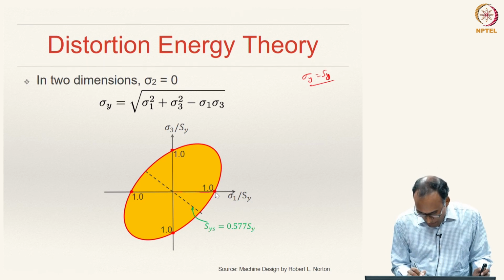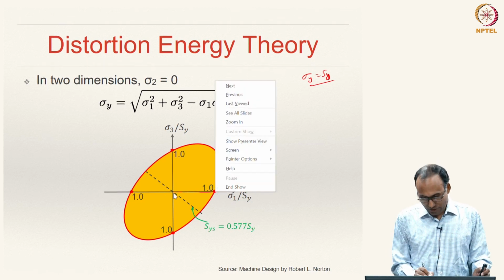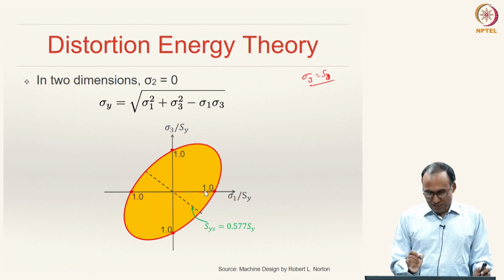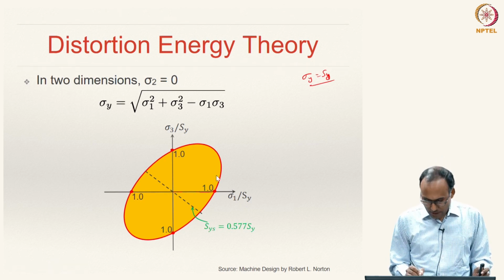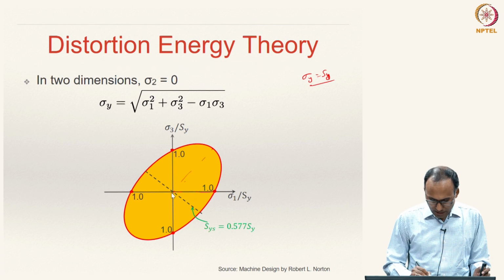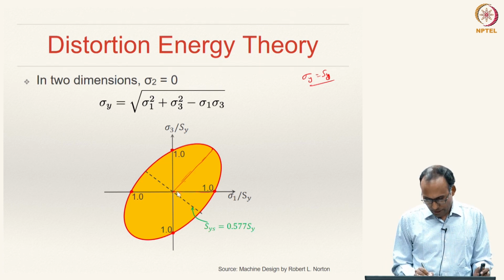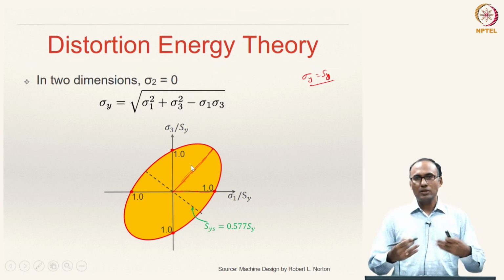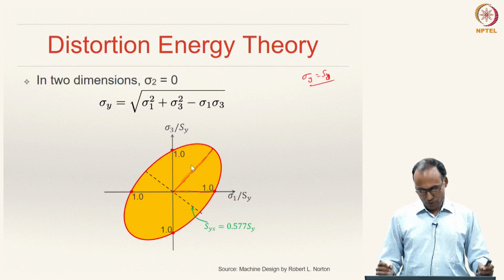So, sigma 1 by Sy becomes 1, that is when failure happens when you are having uniaxial tension, right. But please note that there are points at which this distance from here to here is larger compared to this distance. That means, if you are loading in this fashion, you have much more room for failure to happen.